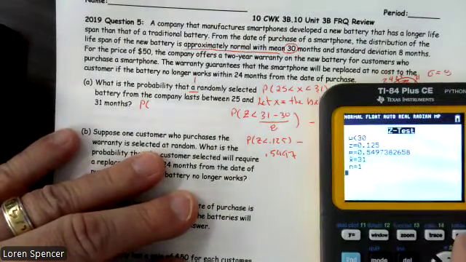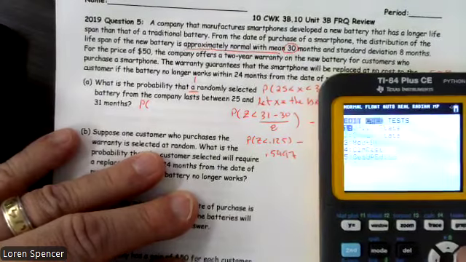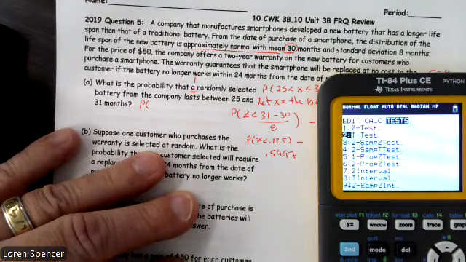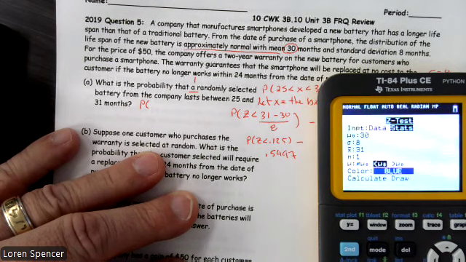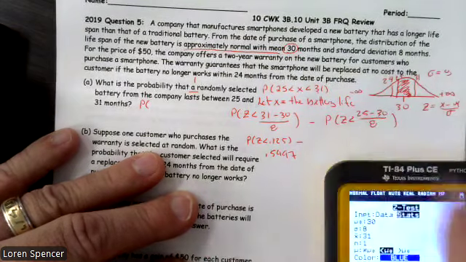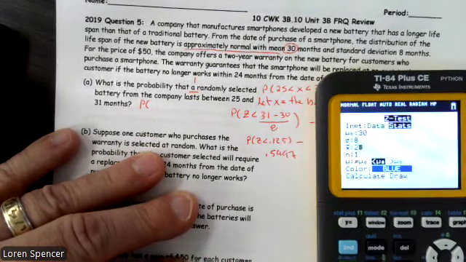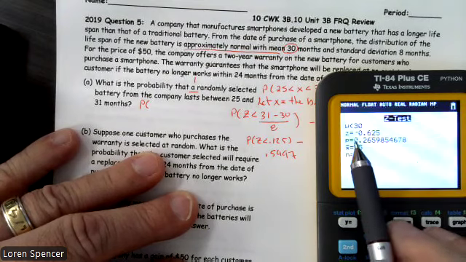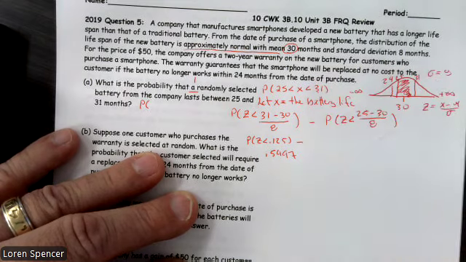Now I'm going to have to do it for the other one. So I'm going to go stat test Z test, and the only thing I'm going to need to change is my x is no longer 31. It's the lower bound of 25. And I end up getting a z-score of negative 0.625.